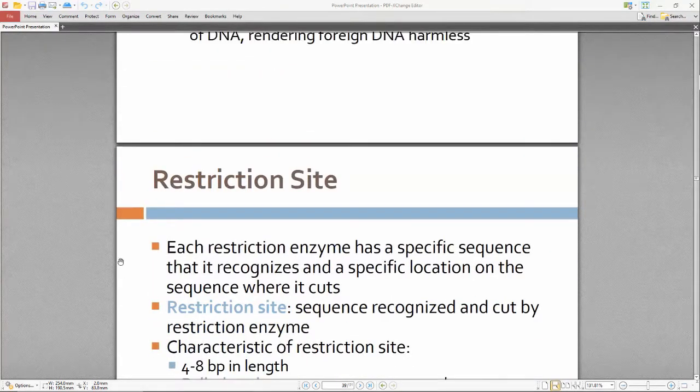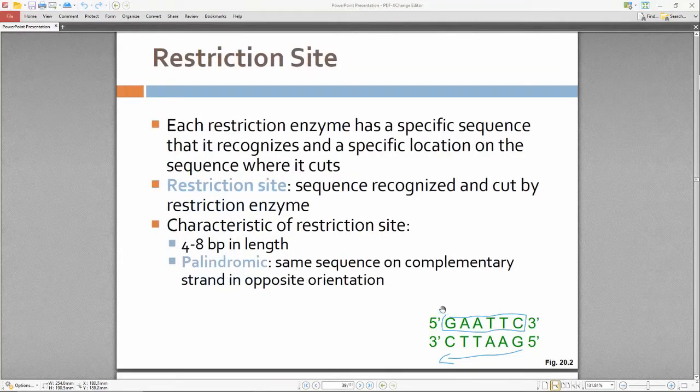Okay, so restriction enzymes have to cut at what we call a restriction site. Each restriction enzyme has a specific sequence that it recognizes and a specific location on this sequence that it cuts. The restriction site is a sequence that is recognized and cut by the restriction enzyme, and it has a couple characteristics.